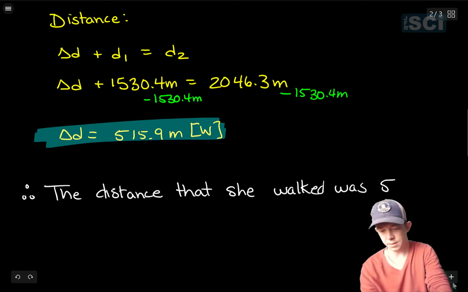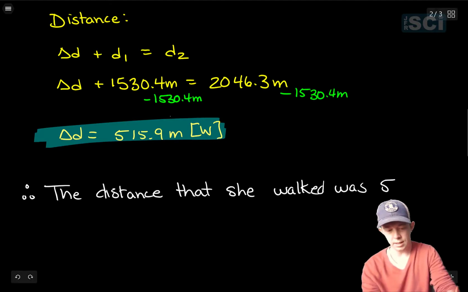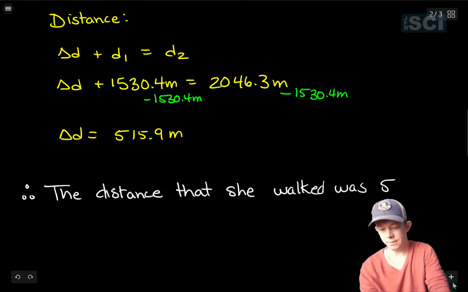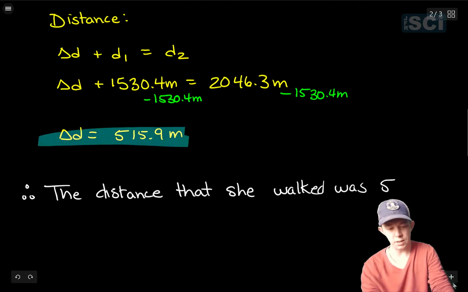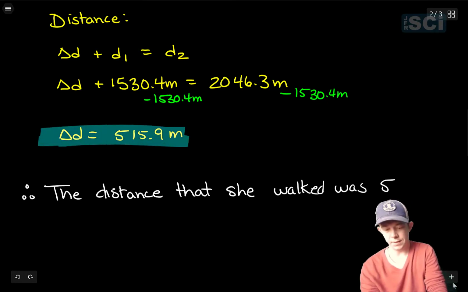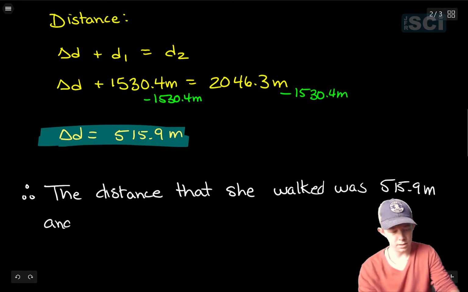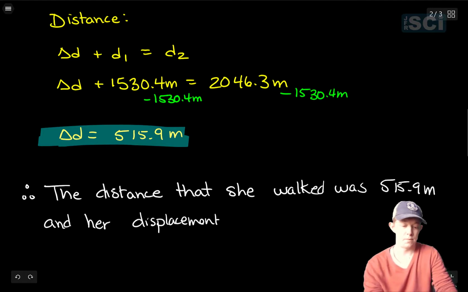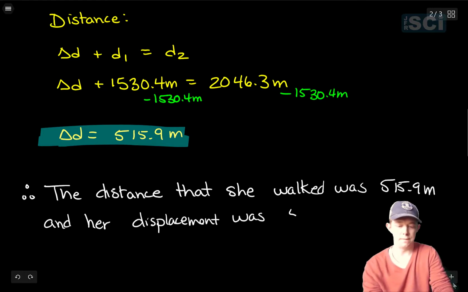Oops, I wrote down something incorrect here. I wrote down a displacement. So the distance doesn't actually have that direction associated with it. There we go, 515.9 meters, and her displacement was 515.9 meters, and that's where that west will come in.